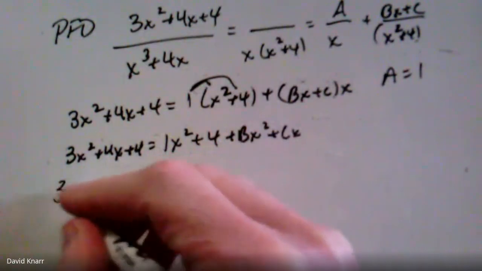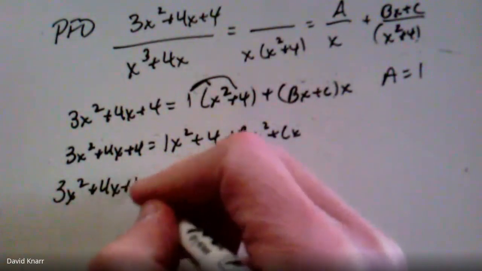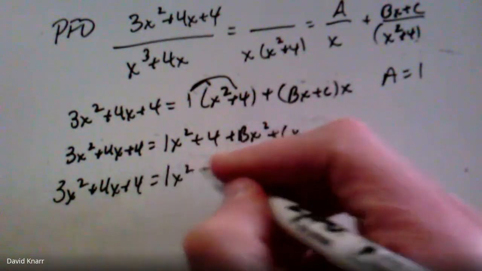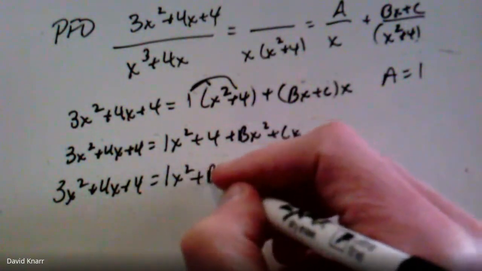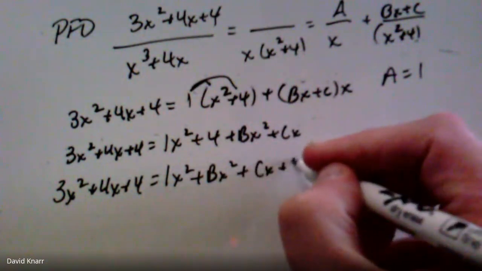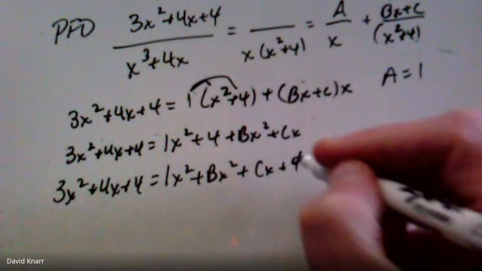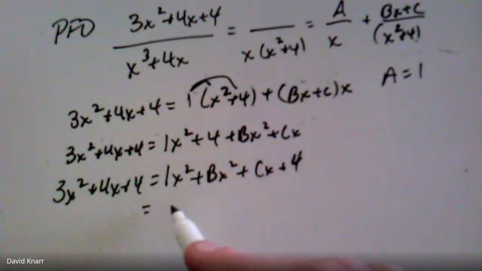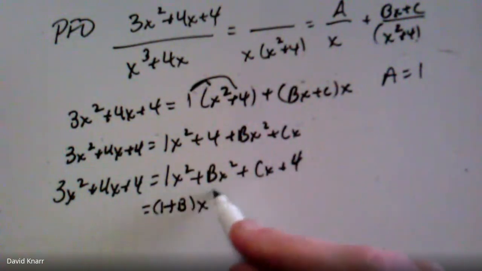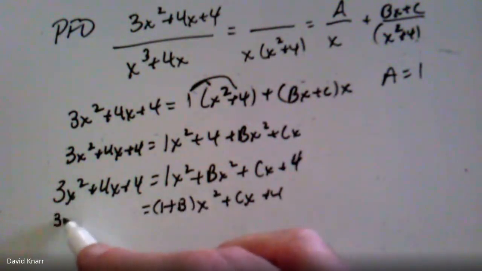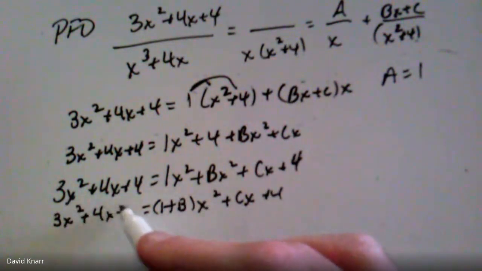I gather my terms together, 1x squared plus Bx squared, and then a Cx and a 4. Now I could factor out my x squared, so I have (1 plus B) x squared plus Cx plus 4, and then I have 3x squared plus 4x plus 4.